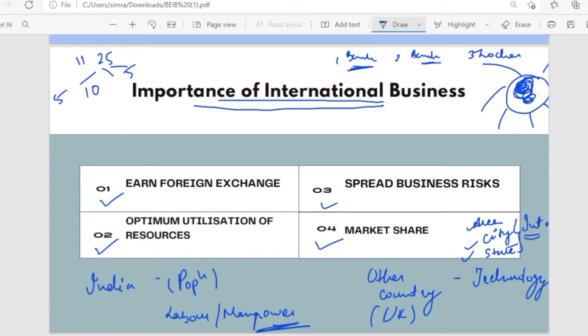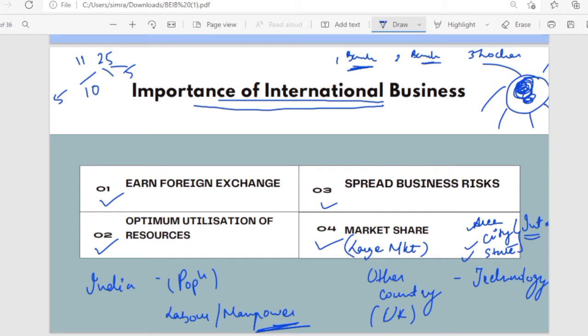So when the businessmen, when the companies want to capture a large market, okay, large market is the aim. When they want to capture a large market share, they want to earn profits in higher figures, that is known as market share, when they have to expand the business.